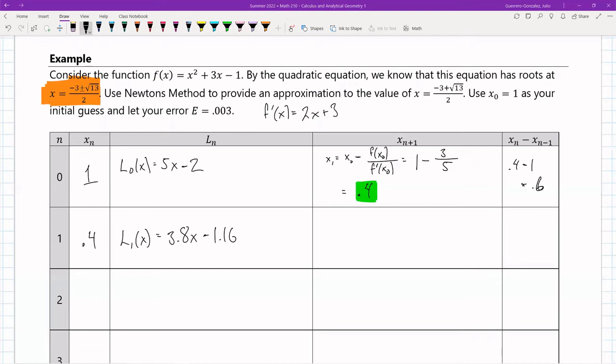The root for this, so now I'm doing x2, the next one.